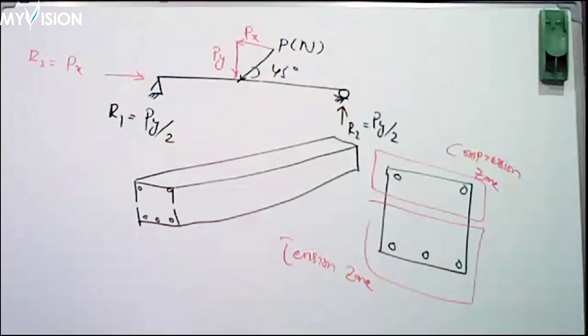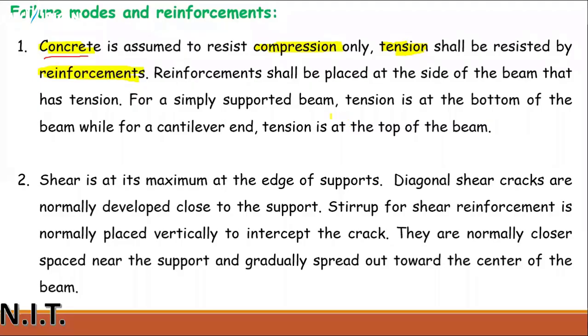Clear? So, for a simply supported beam, tension is at the bottom of the beam, while for a cantilever beam, tension is at the top of the beam.